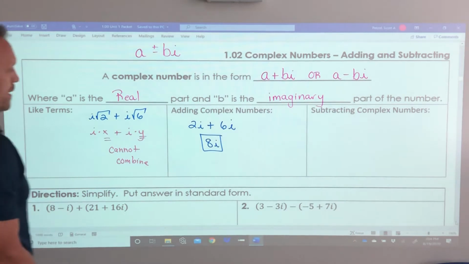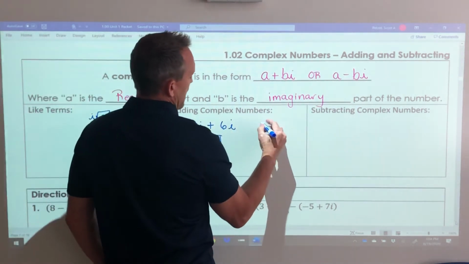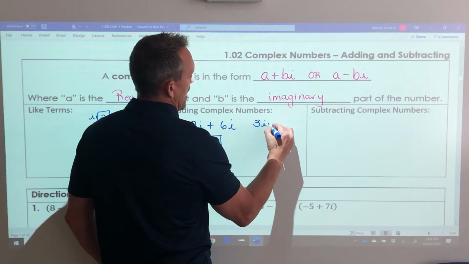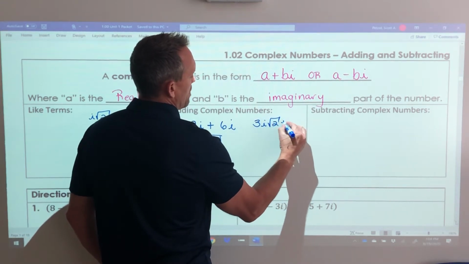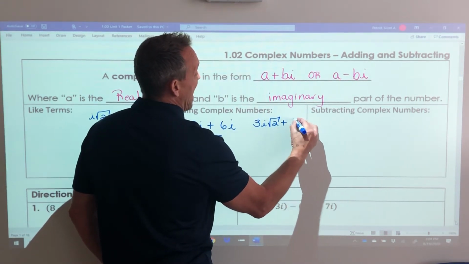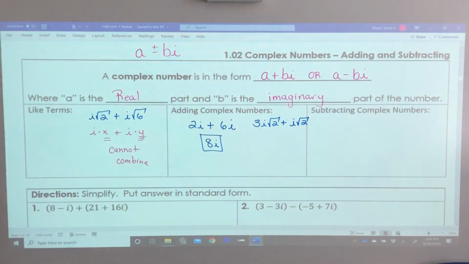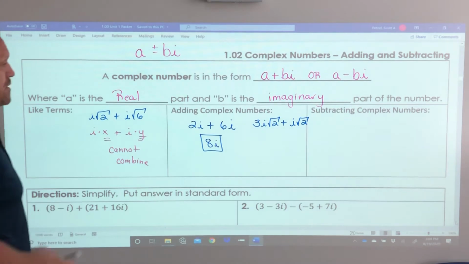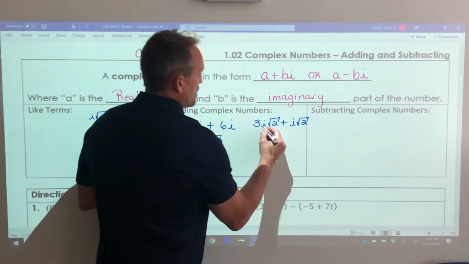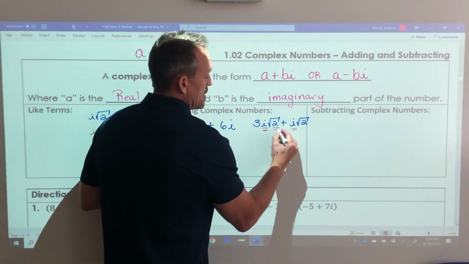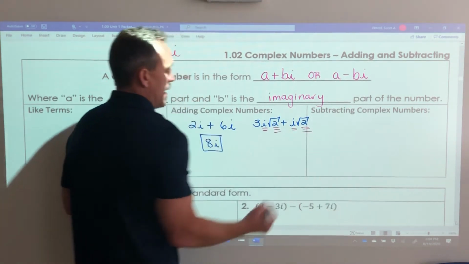But anyway, now what if I had 3i root 2 plus i root 2? First and foremost, the question is whether the i's match, and do the roots match?